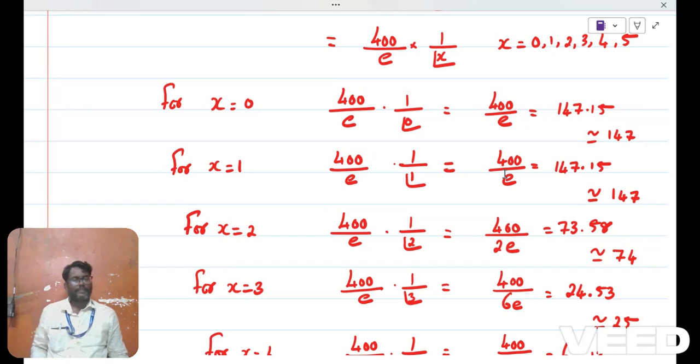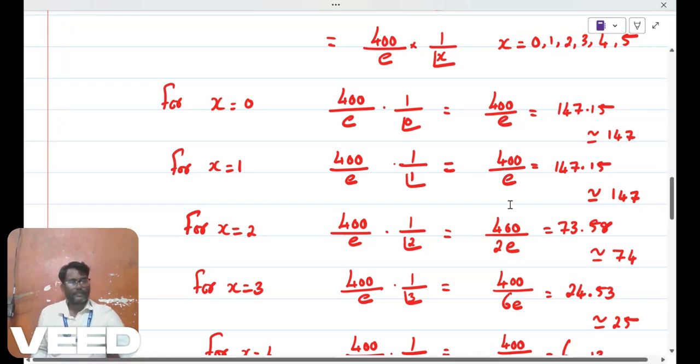Similarly, for x equal to 1, we get 400 divided by e, 1 divided by 1 factorial. Here the values of 0 factorial and 1 factorial are 1. So again we get 400 divided by e, which is equal to 147.15, which is approximated as 147.